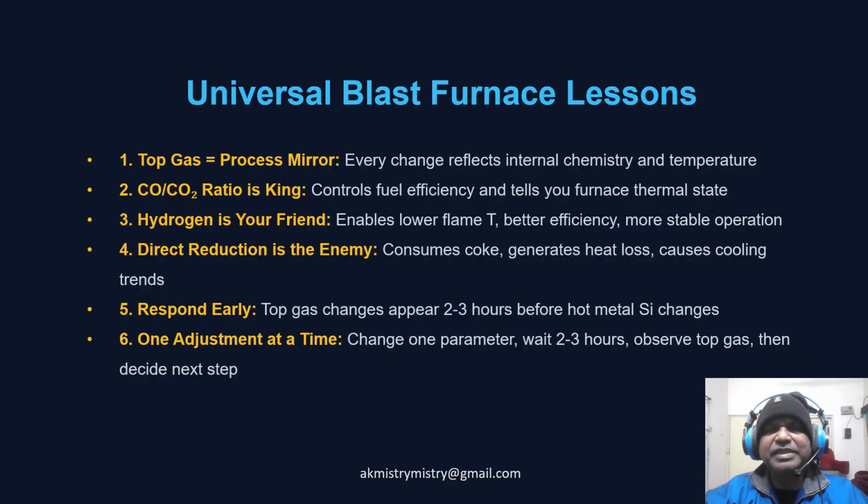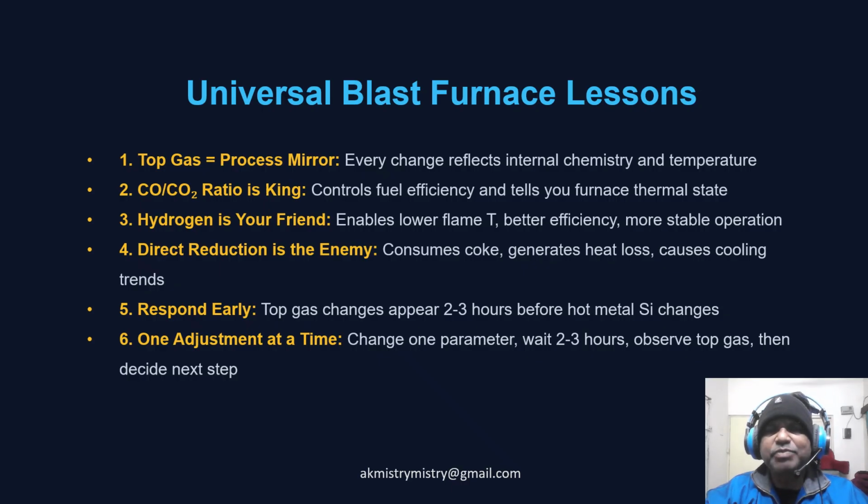Third, hydrogen is an ally because it allows lower flame temperature and more stable operation. Fourth, direct reduction, while necessary to some extent, is the enemy when it becomes excessive, because it consumes coke and drives a cooling trend. Fifth, top gas changes typically appear 2 to 3 hours before the hot metal silicon reacts, so they give valuable early warning.